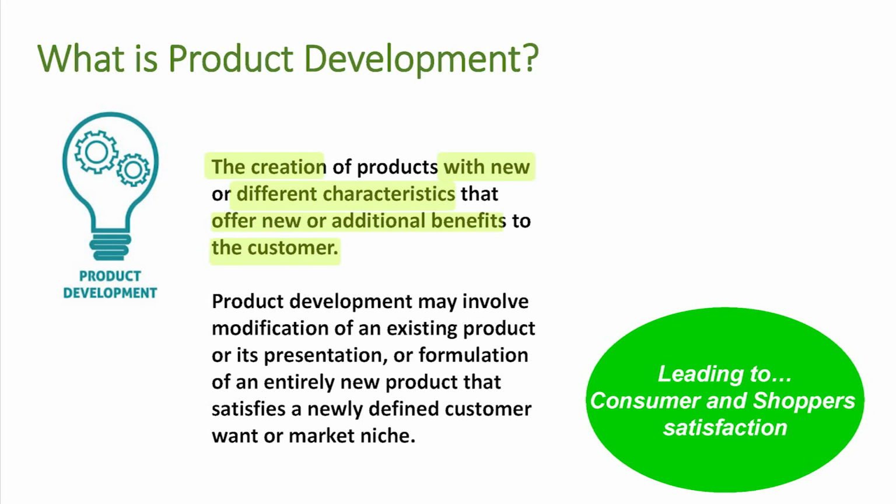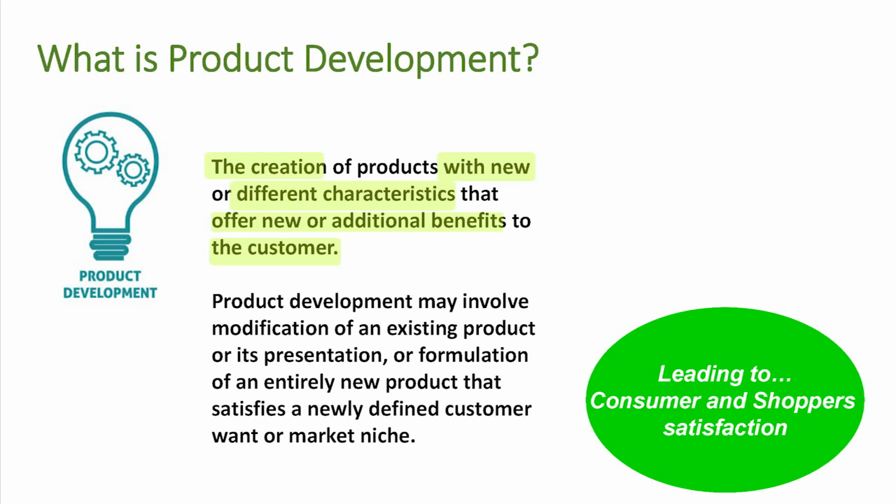So, it is the creation of a product with new or different characteristics that offer new or different benefits. That's very important. So you are coming with new, different characteristics, and you are also offering new and additional benefits. There is always something new, something additional that you would want to bring to the table. You would want to bring it to whom? To your customer.